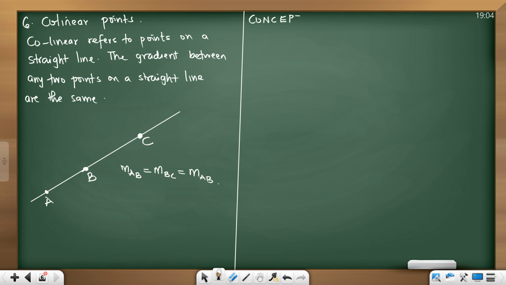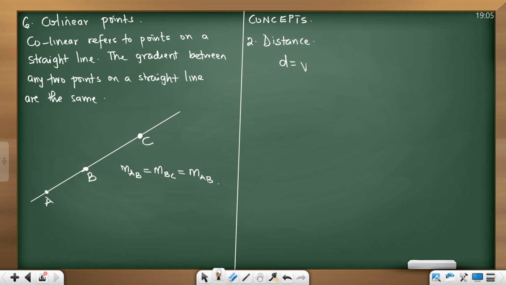Concept number 2, continued: distance. That one, there's nothing. We just throw in our formula.